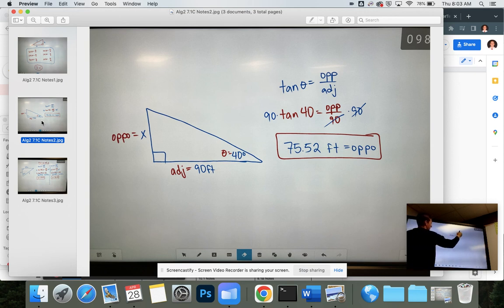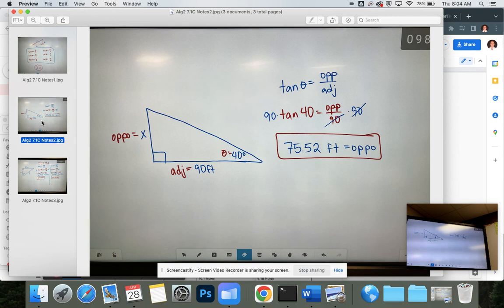So tangent of 40, we know that tangent equals opposite over adjacent. Well, the opposite side is x, that's what we're solving for, over the adjacent side, which is 90 feet. And now we have a problem where we're solving for x, and there's division on the side with the x. So what's the opposite of division? Multiplication.